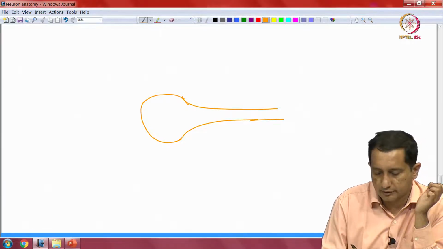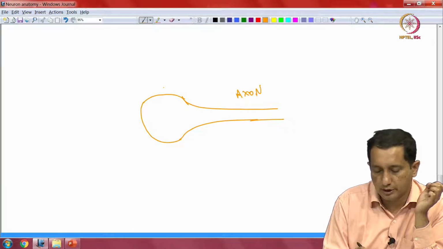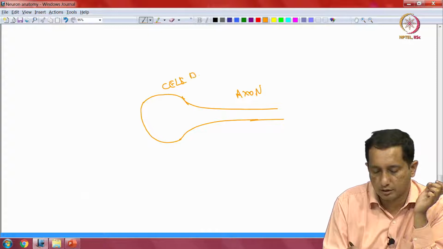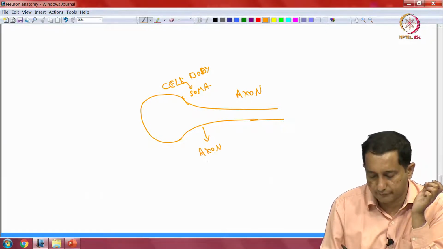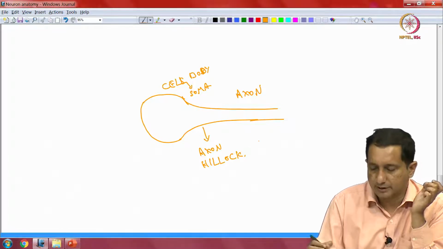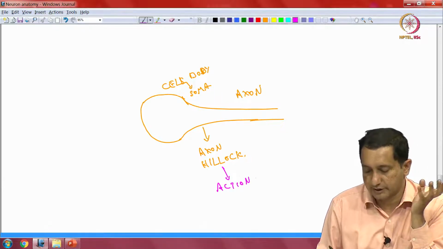Now, the junction between the axon and the cell body or the soma is called axon hillock, and that is the place where the action potential is generated.